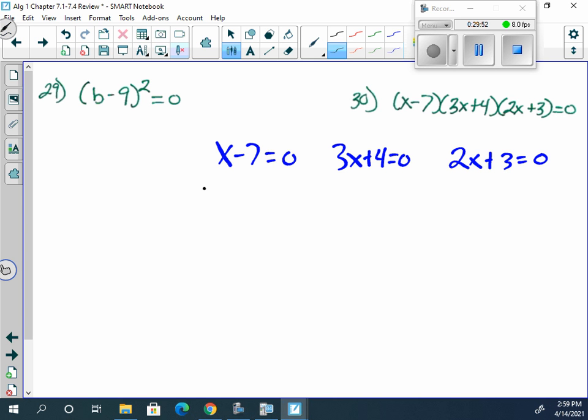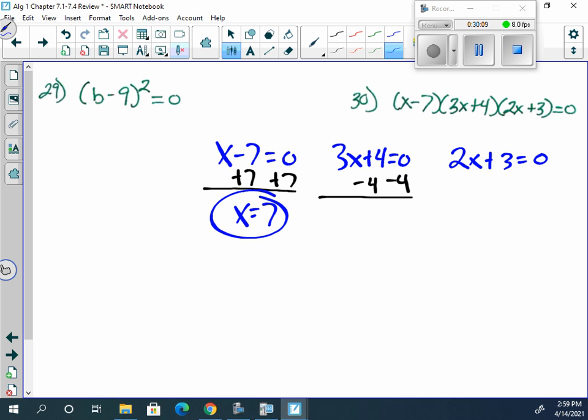Now the first one's not too bad. Here we can add 7 to both sides and get x is equal to 7. And then we would divide both by 3.